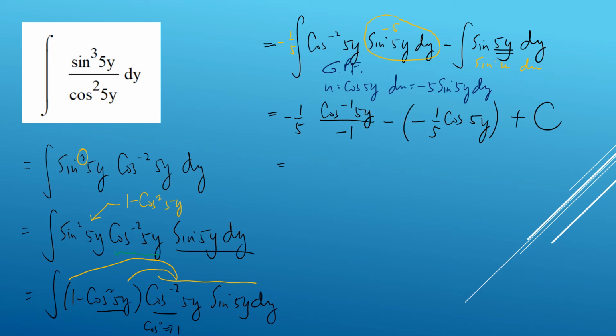So negative 1/5 over negative 1 is positive 1/5, and cosine raised to negative 1 is 1 over cosine, which is, of course, equal to secant 5y. Then negative and negative 1/5 is positive 1/5 cosine of 5y. So we shall factor 1/5, plus c there.